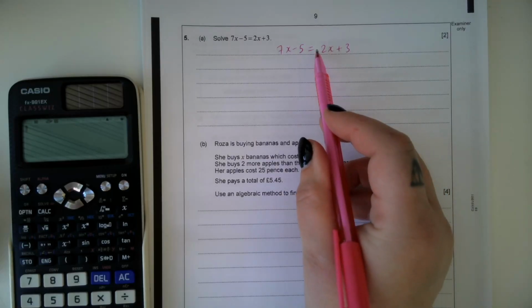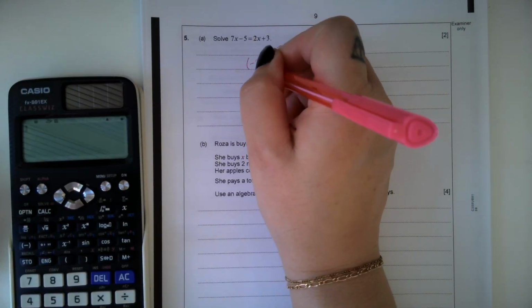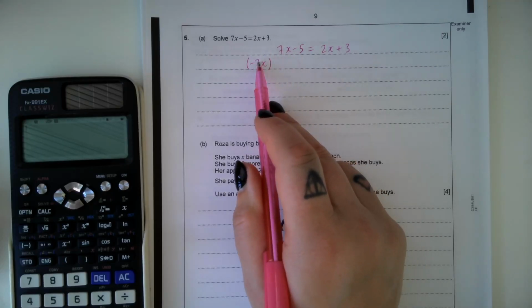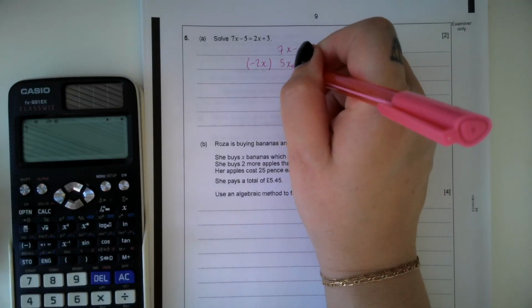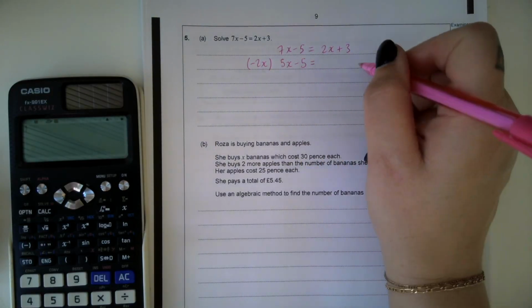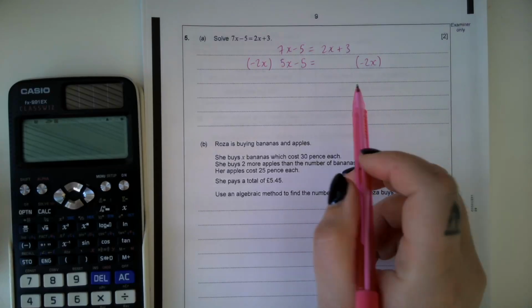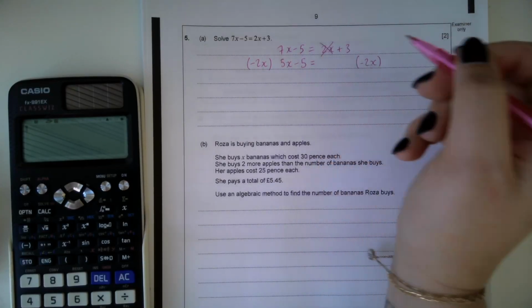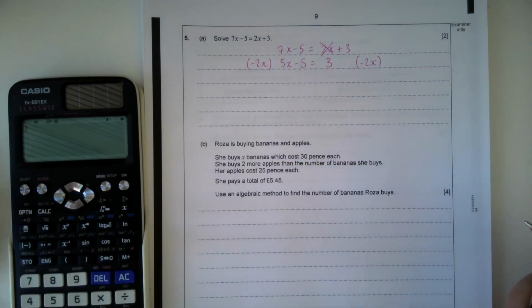So to eliminate positive 2x, I need to take away 2x. When I take away 2x from the left-hand side, 7x take away 2x is 5x. I've still got that minus 5, didn't do anything with that. When I take away 2x from the right-hand side, 2x subtract 2x is 0, so that's what eliminates it, and I'm left with that positive 3.